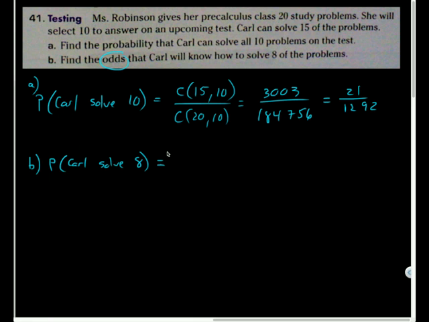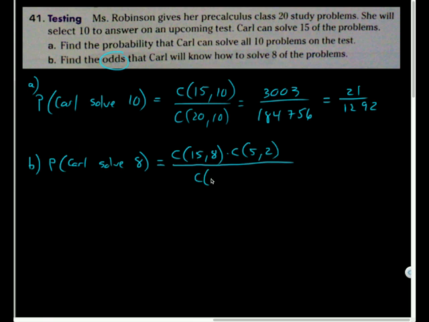So the number of ways this can occur, well, the successful way it can occur is that of the 15 he knows how to do, he gets 8 of those, right? But I have to consider another case as well. What about the other 2 problems? I need to find out how many ways can those other 2 problems come from the ones he doesn't know how to do. How many problems does Carl not know how to do? 5 of them, and we're picking the remaining 2, right, from those 5.